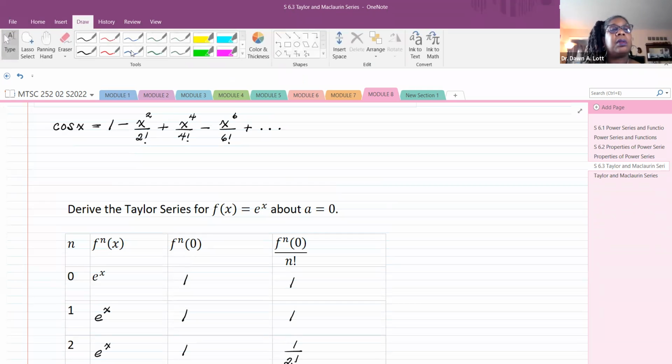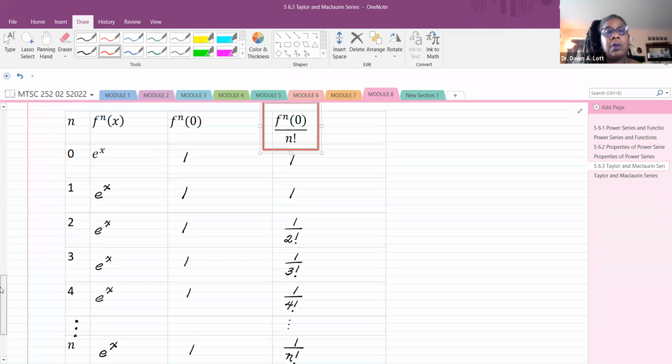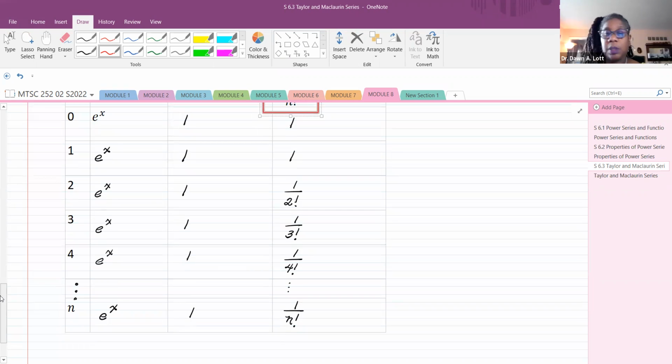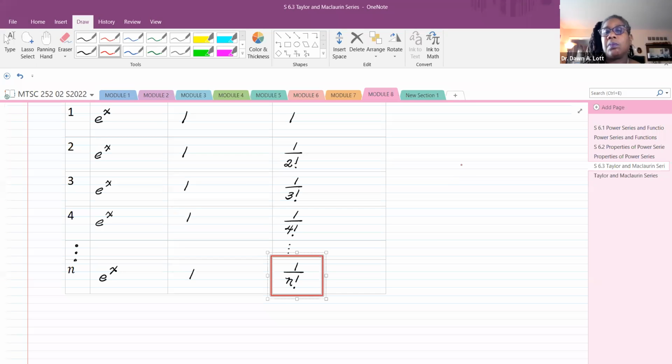So here, I need the nth derivative at 0 divided by n factorial. And when I find my general formula for it, it looks like this. Okay, so my general formula.